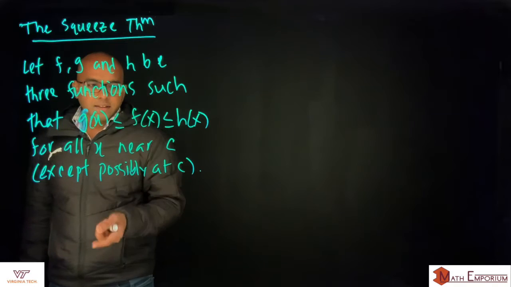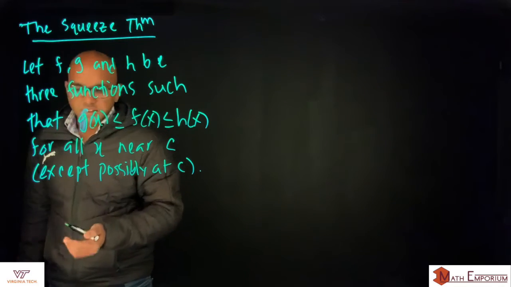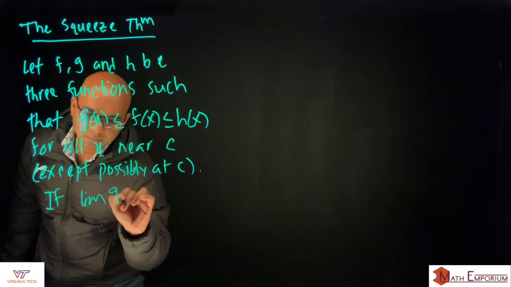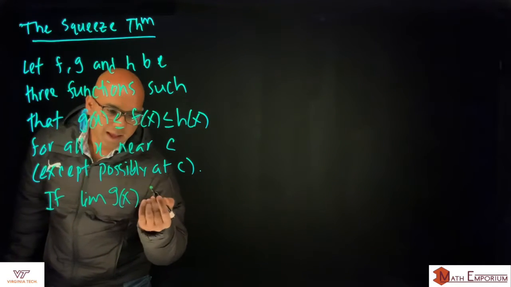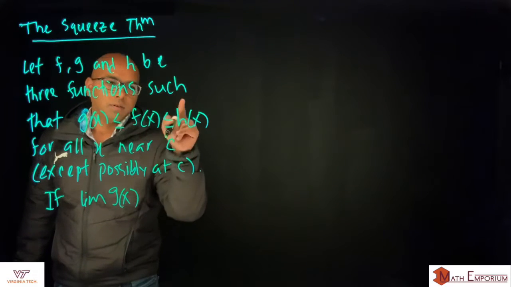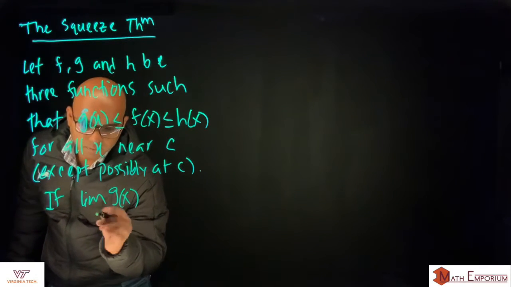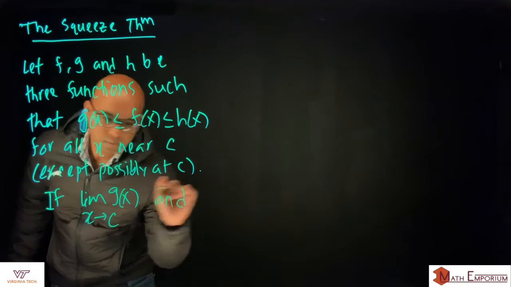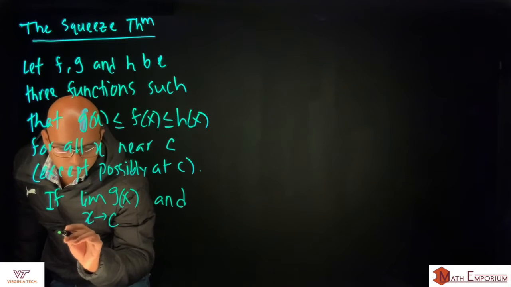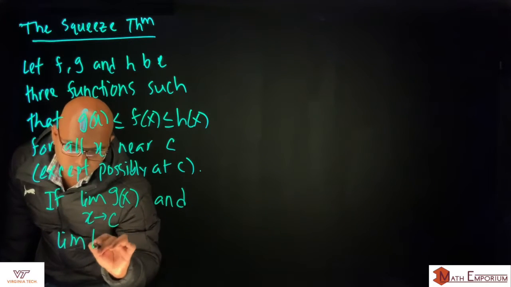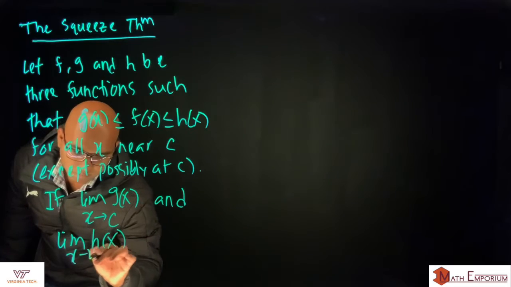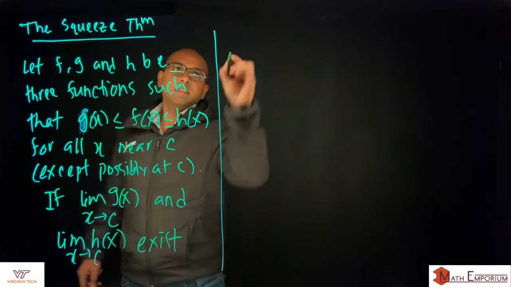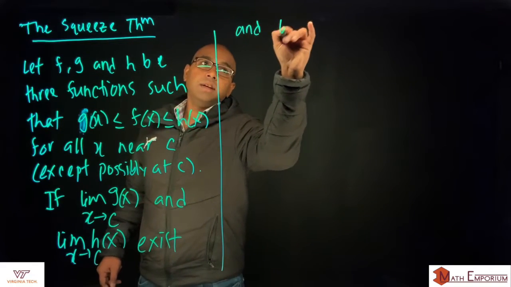All right, so if that happens, then we need one extra thing. If the limit of g and the limit of h exist at c, they exist, and they are equal.